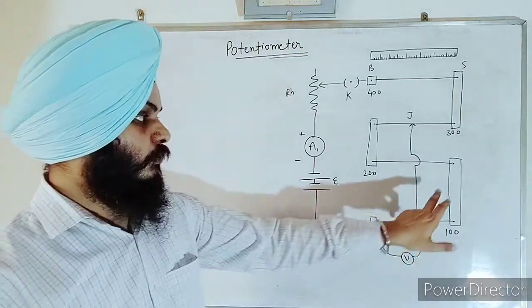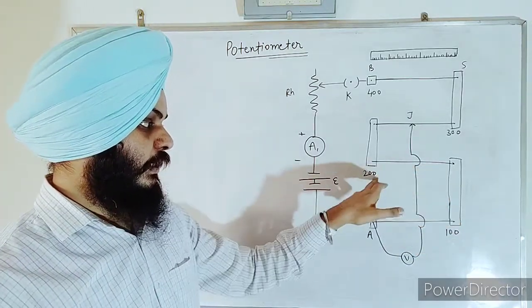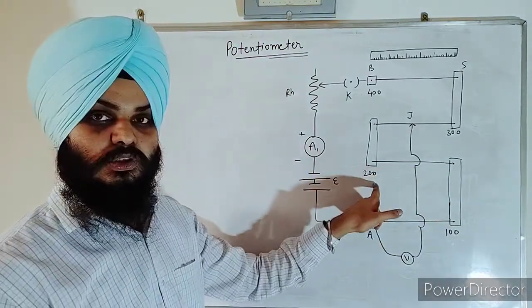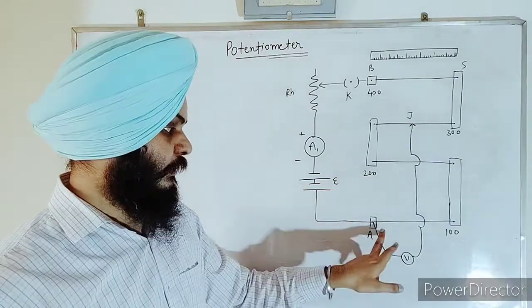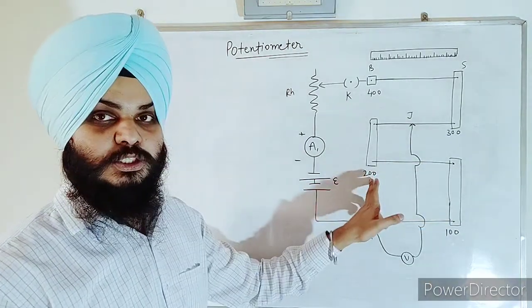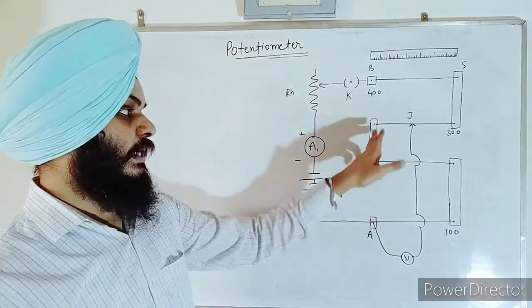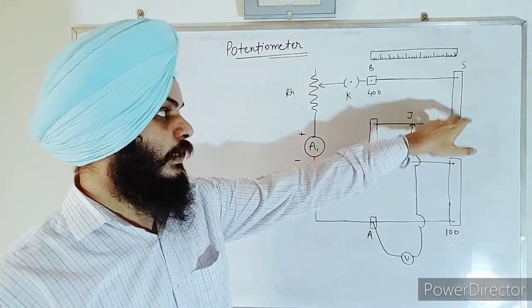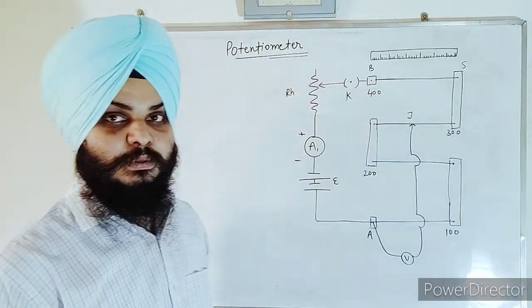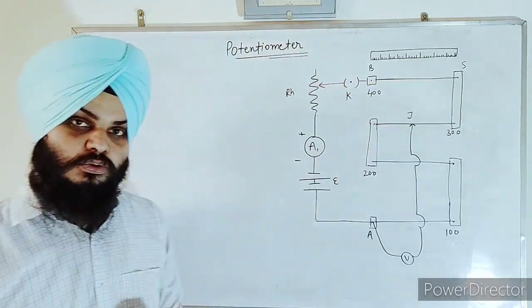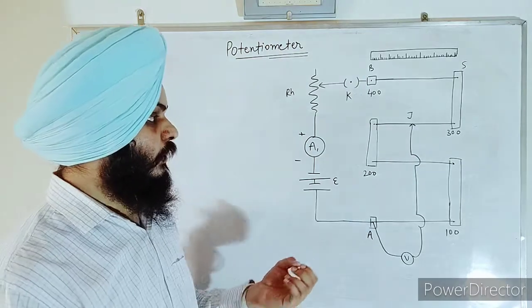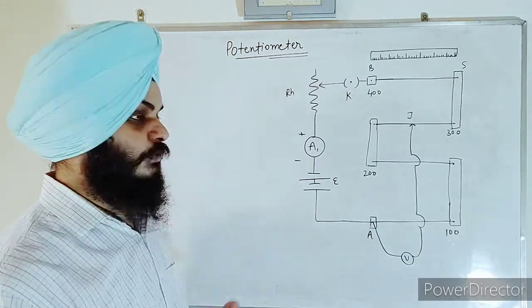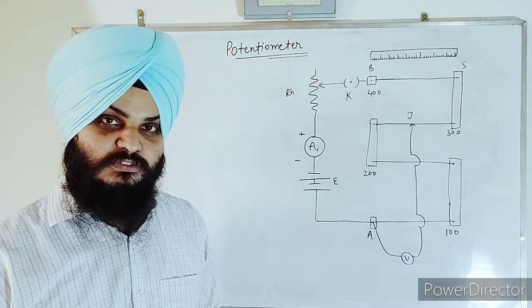On reaching here, again a wire of the same material is connected, also 100 centimeter, so it makes 200 centimeter. Again a copper strip, then again 100 centimeter of wire, and again a copper strip and 100 centimeter of wire. So you get a 400 centimeter long wire across which you can find the potential difference.